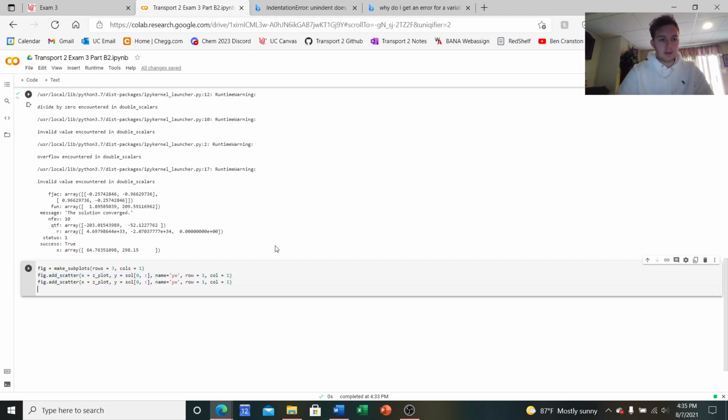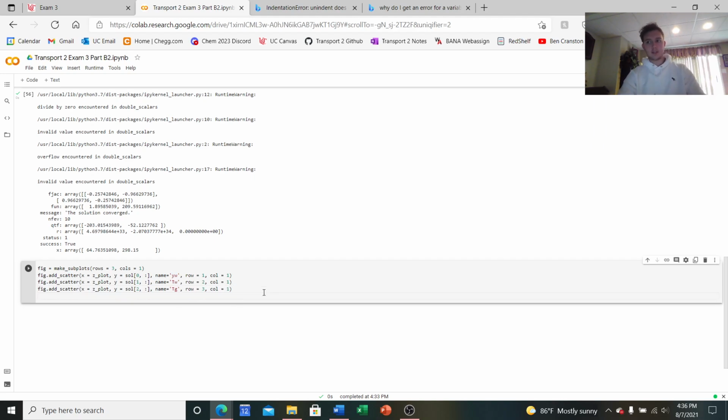We can go through and copy and paste these. The only thing that we need to look at and change are where we're getting the data from for these arrays. So that'll be 1 and 2. We also need to change the rows. So this will be 2 and 3. And the actual names of the other 2 variables, which are T, temperature of water and temperature of gas.